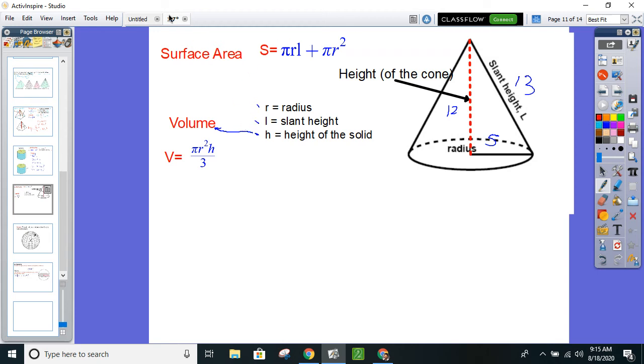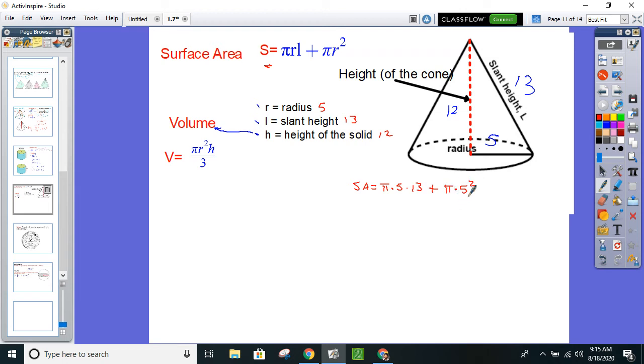5, 12, and 13. So it tells us our height is 12, our slant height is 13, and our radius is 5. Our radius is 5 right there. So that being said, let's go with the surface area. So surface area equals our pi times our radius times our slant height plus our pi times our radius squared.